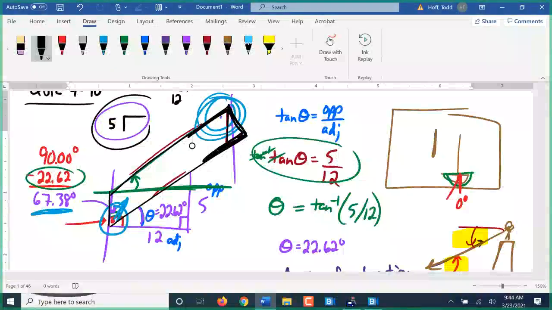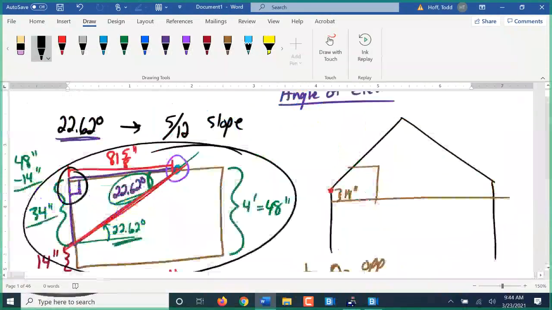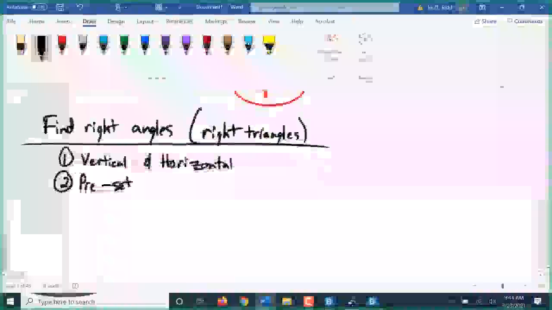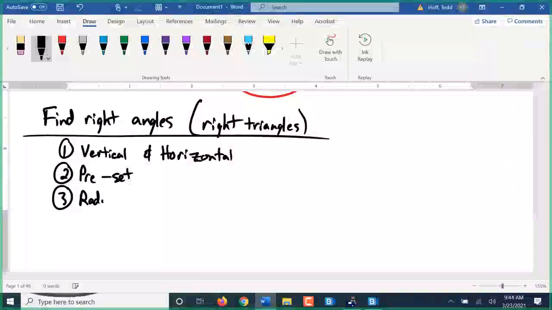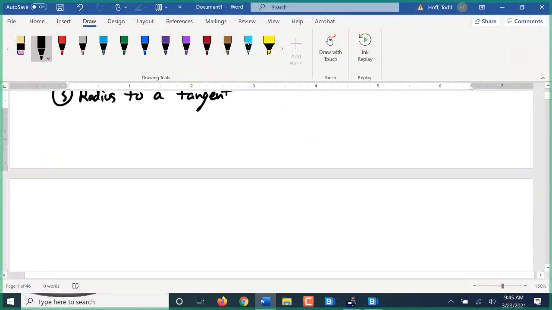That's how it is manufactured. Well, another application is the radius of a circle to a tangent. And let's take a look at this type of an application here quick.